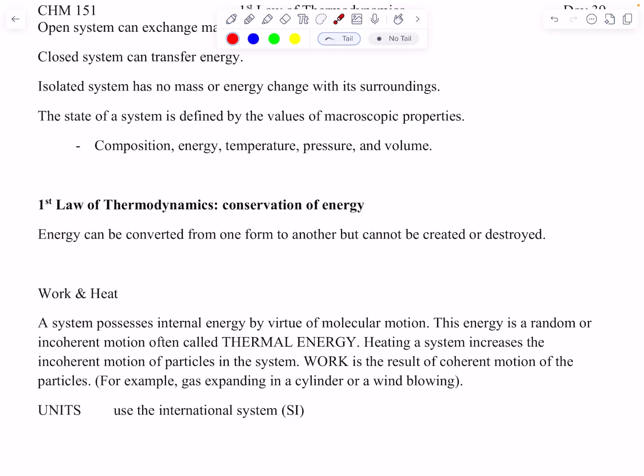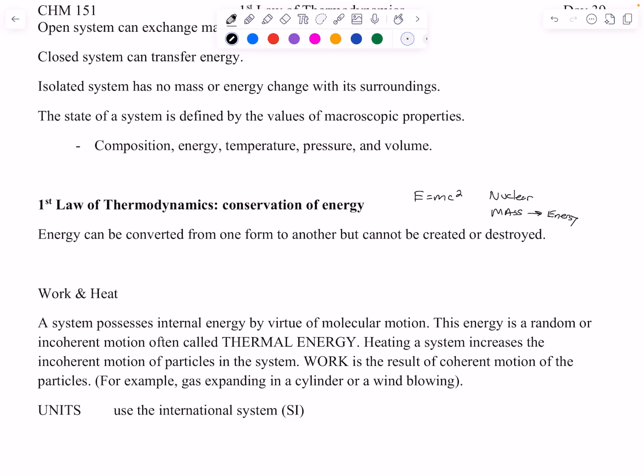Now, that is a little bit different than what we really accept now, right? We accept now that there's a law of conservation of mass and energy, right? So obviously like E equals mc squared, right? Nuclear takes mass and makes energy.